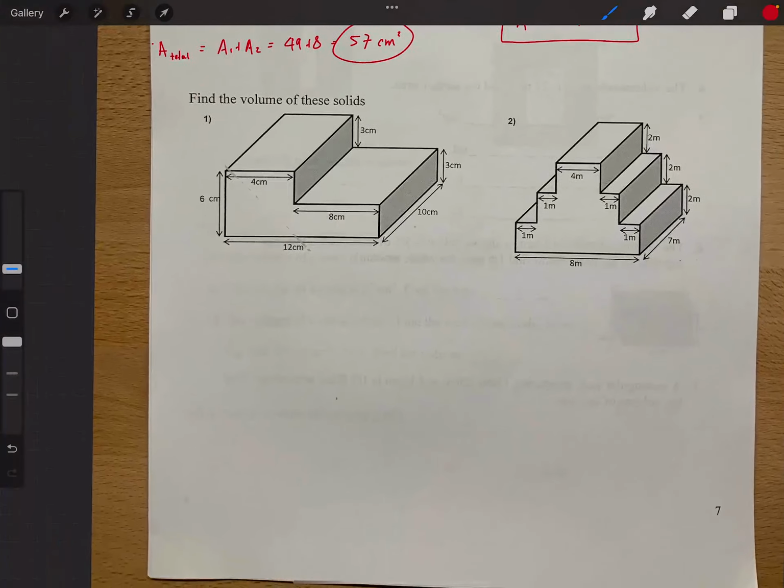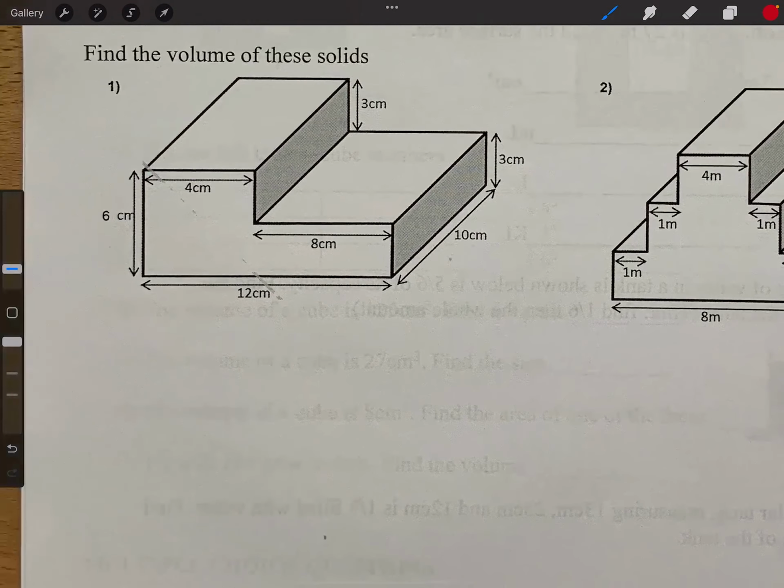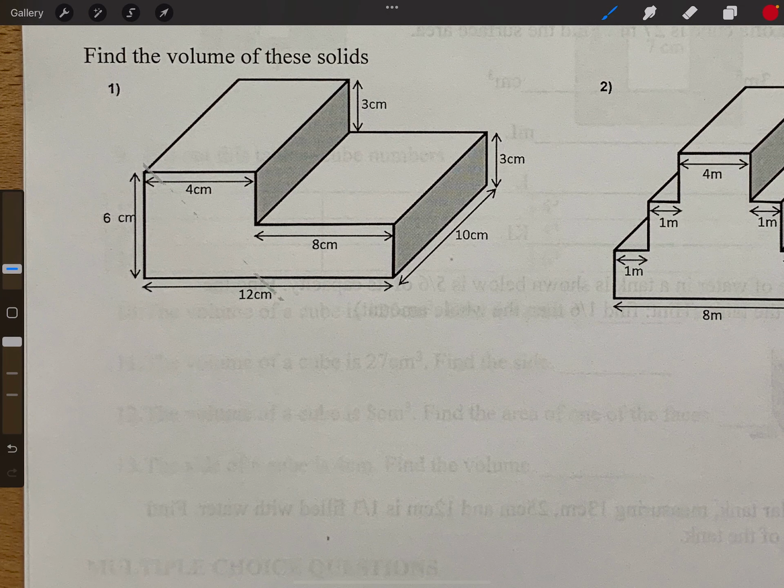Alright, now to find the volume of this shape, there's two ways. Let's say I break this into two rectangular prisms. So here's your first rectangular prism, and then you have this second piece, which is this one here.